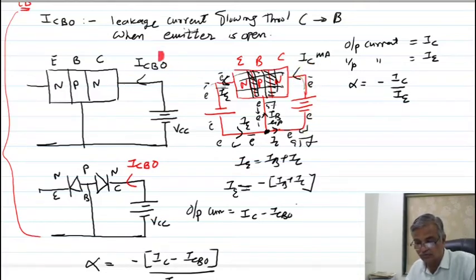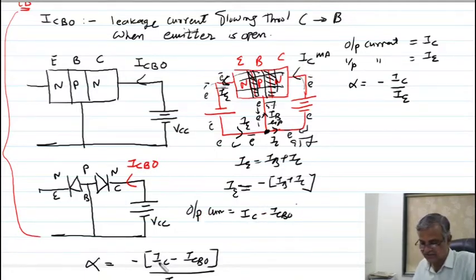Looking at this diagram, it is found that this is nothing but the sum of the current due to the emitter electrons and the reverse bias current. So if I want to find the current due to emitter electrons, then this is to be subtracted from this. The output current is given by IC minus this current.